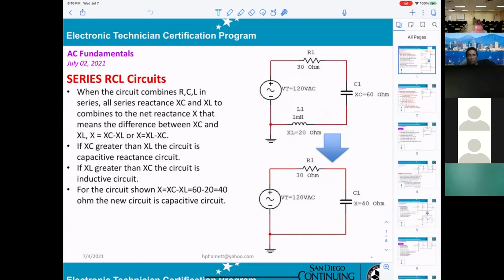Right now, XC is 60 ohm, XL is 20. I know XC is greater, so you can get a net reactance right here: 60 minus 20, you get 40. And the new circuitry has no more inductor, capacitor only. However, the value of the capacitor here is not the same as the original.